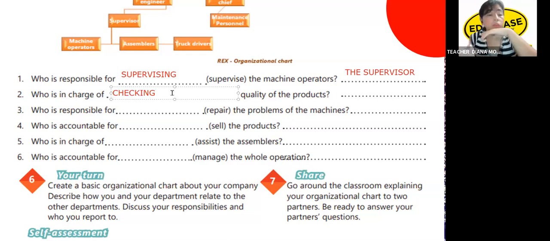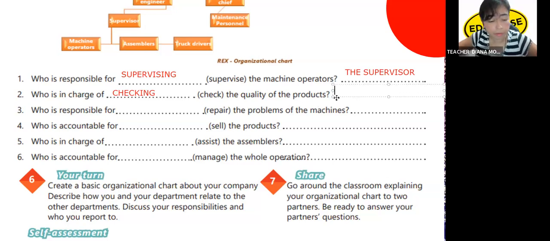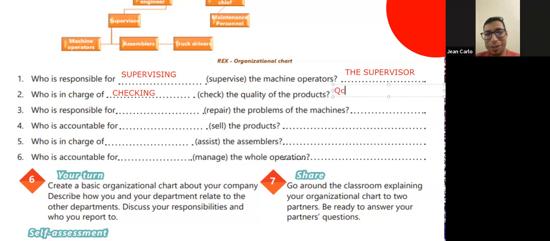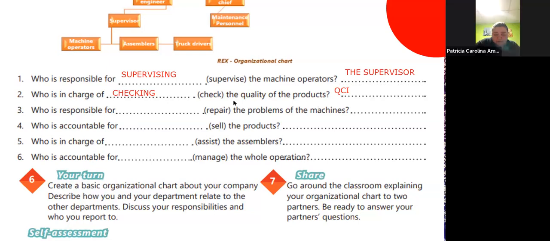You see, Mr. Ramirez, not check, because of is a preposition too. So checking, we are adding ing because all these are prepositions. The quality of products is, as Giancarlo said, the quality control inspector, right? Okay. Who is number 3? Let me see, Mr. Peroso. Can you help us with number 3, please?